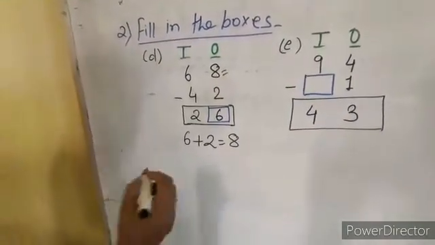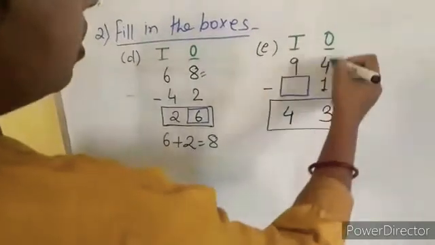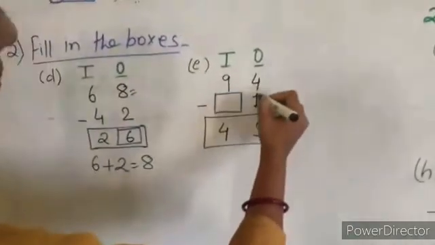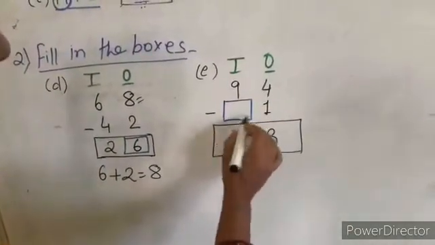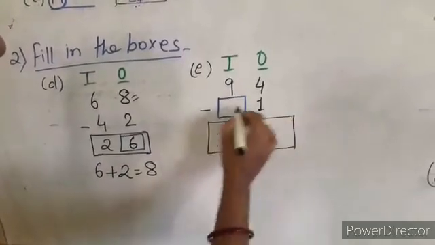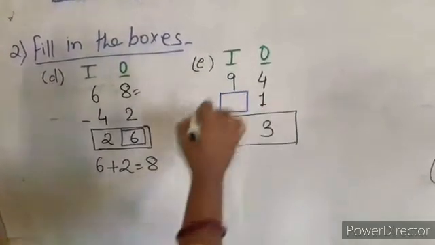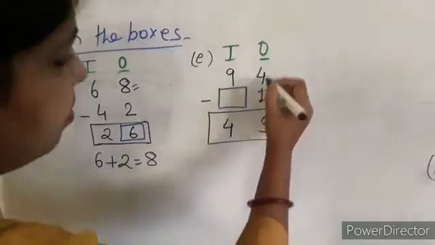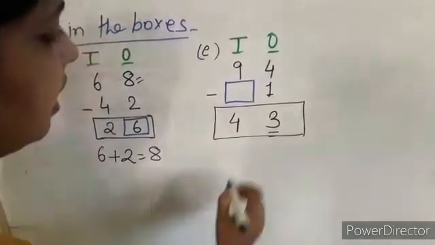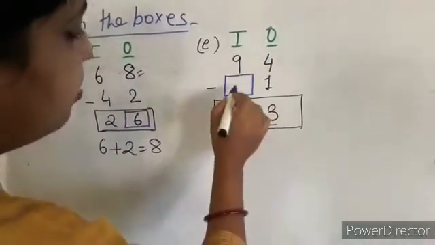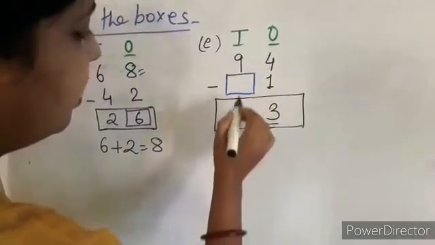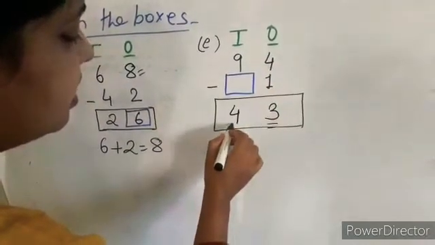Okay, then in this question 94, and here we have to subtract this number. Here 1 is written, and this one you have to find. So first 4 minus 1, it is 3, and then we have to find this number, how much we add or subtract with this number to get the answer.